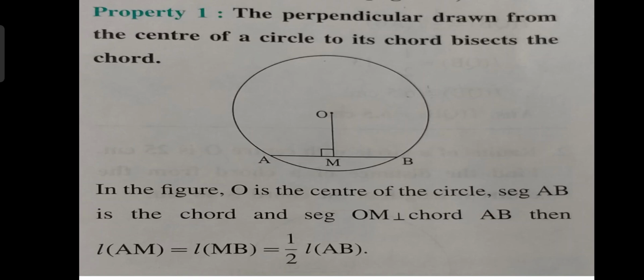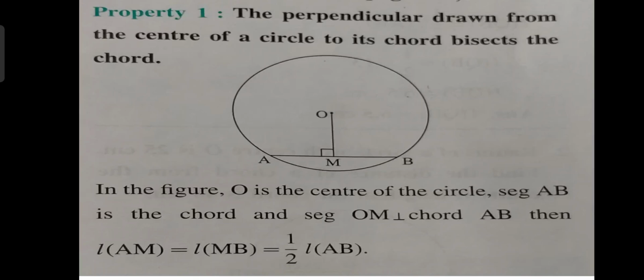Now let's see the first property. The perpendicular drawn from the center of a circle to its chord bisects the chord. Any perpendicular line drawn from the center to the chord bisects the chord.